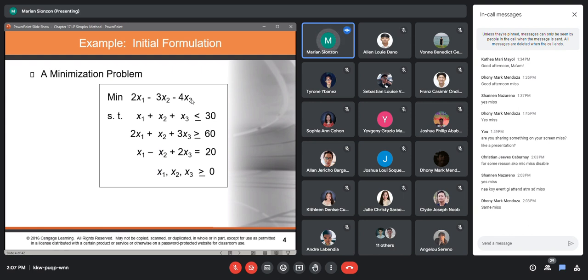None of them can go as an initial entering variable. So in order for you to be able to fulfill that, we will also put in an artificial variable. So you will have x sub 1 minus x sub 2 plus 2x sub 3 plus a sub 2 is equal to 20.